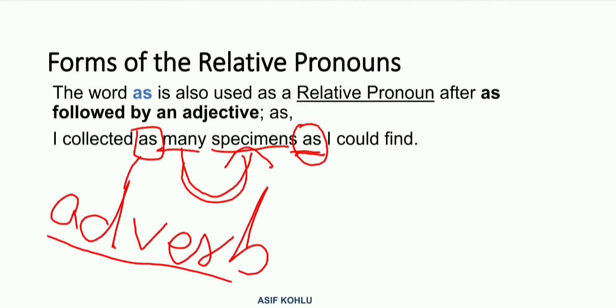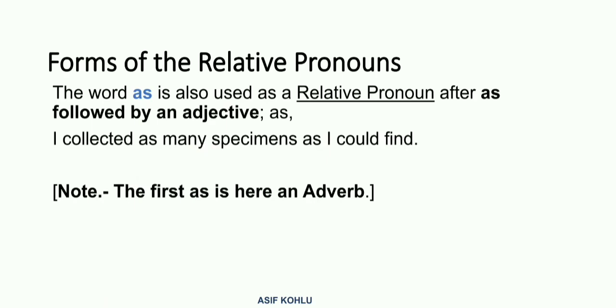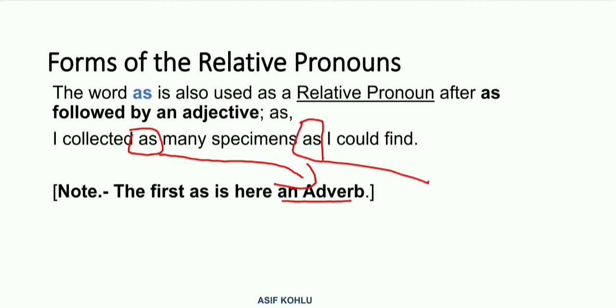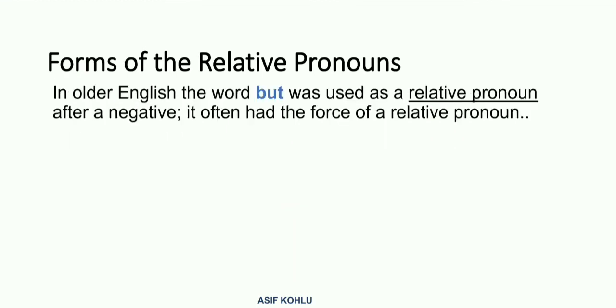Keep this very thing in mind. So yes, here I have written a note: the first as is an adverb. It is not a relative pronoun. But the second as is the relative pronoun.